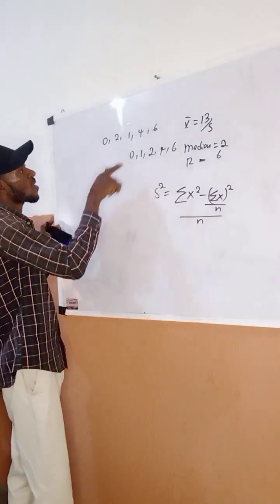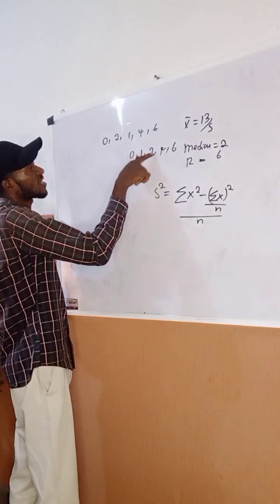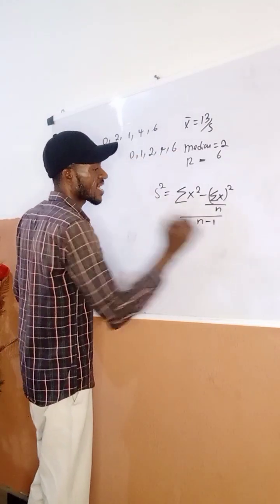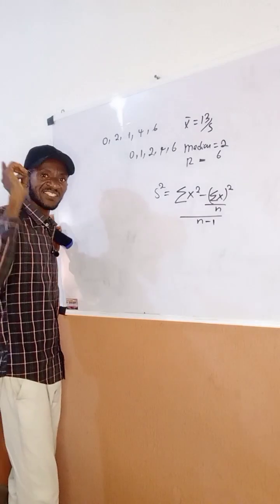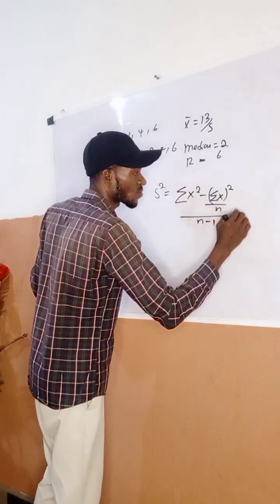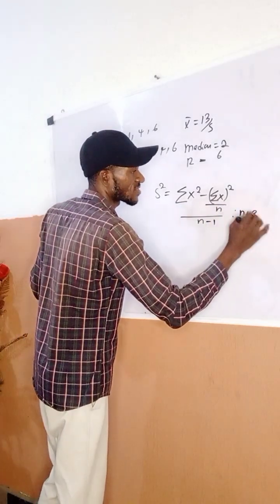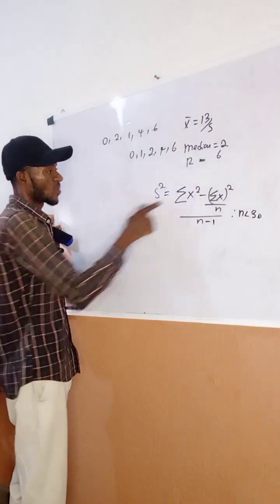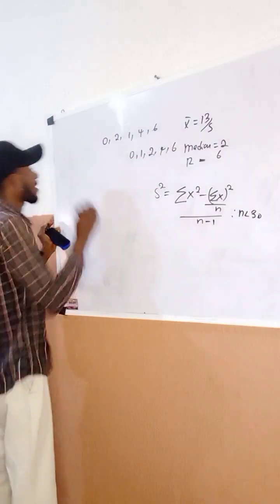This time around, my observation is 1, 2, 3, 4, 5, and this is less than 30, so we are going to use n minus 1. That is the essence of the condition we gave: n is less than 30. And our n is 5.